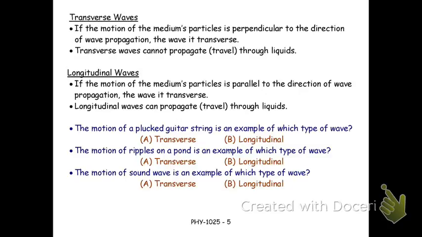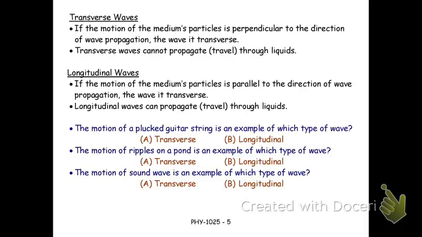So this molecule vibrates that molecule, which vibrates that molecule. So it's the energy that we send to people. It's not the stuff. And when we look at this, we find that there are waves all over the place, but we can break them down into two types.